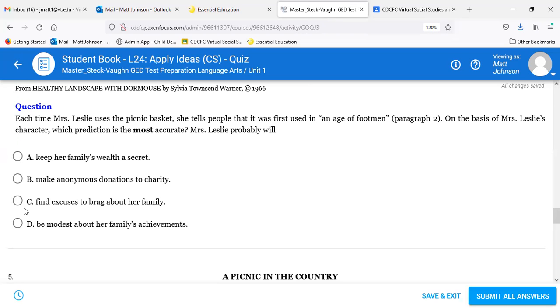Mrs. Leslie probably will A, keep her family's wealth a secret, B, make anonymous donations to charity, C, find excuses to brag about her family, and D, be modest about her family's achievements. Is it C or D? It's C, yeah.